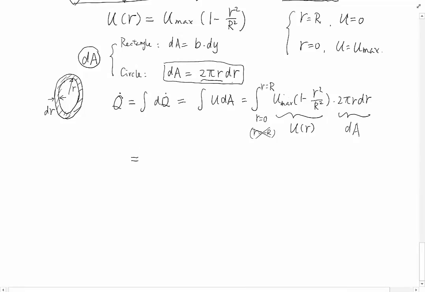Then we take the constants out. This is constant, this is constant.